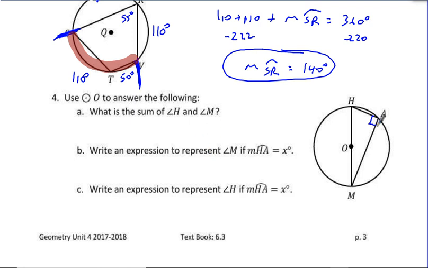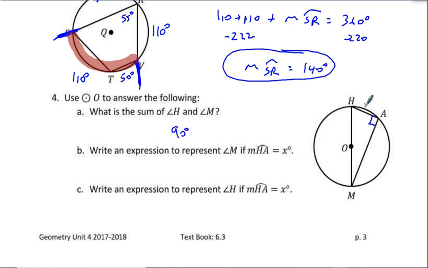And if that one is 90, the sum of angle H plus angle M is 90, since in a triangle there's a total of 180 degrees. So 90 degrees is the sum of the two other angles.